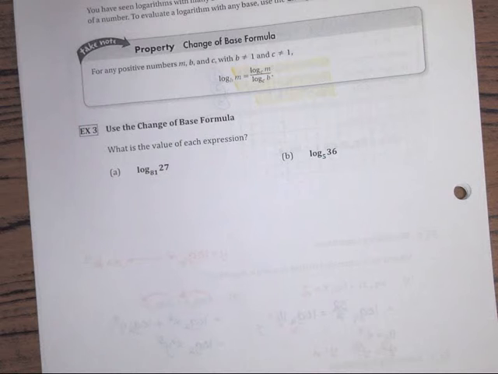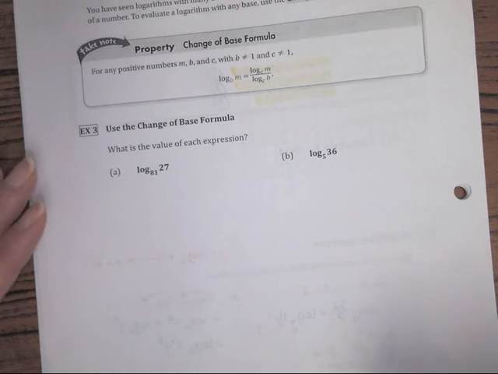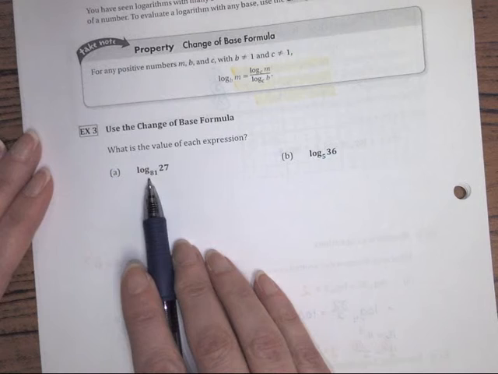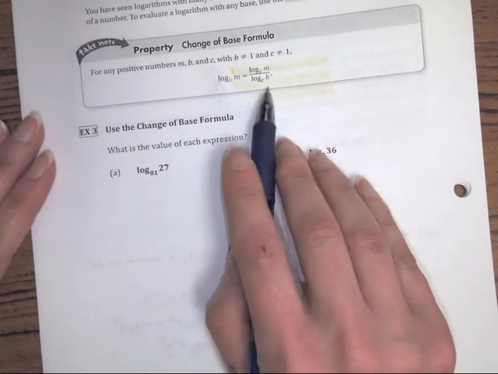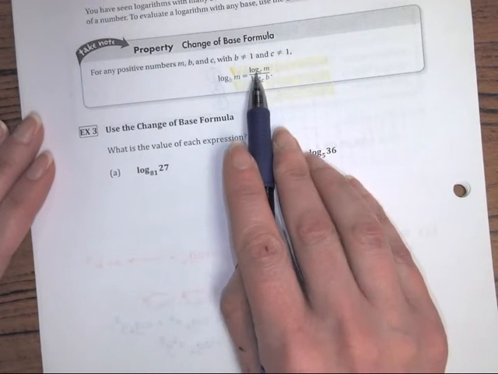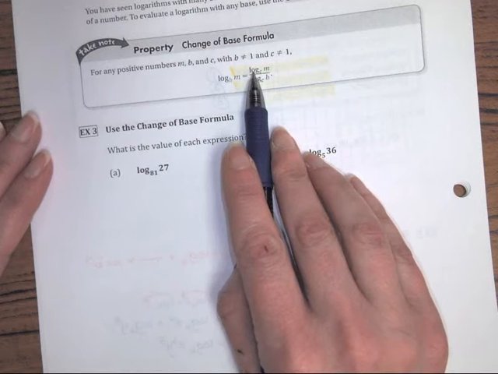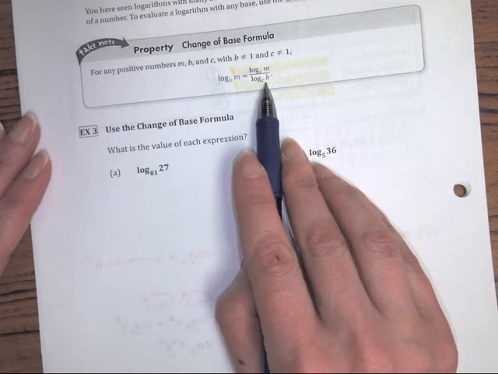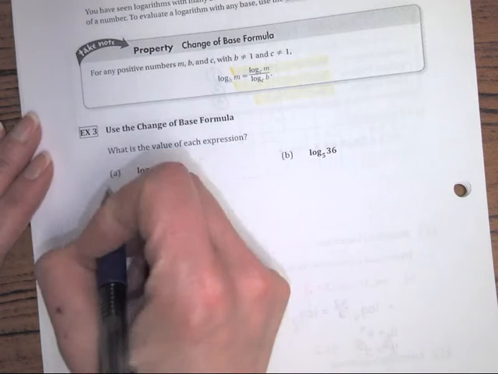It's flat out not going to work because my calculator calculates base 10. What we can do is write a fraction here of 2 different logarithms. So here's what we'll do.